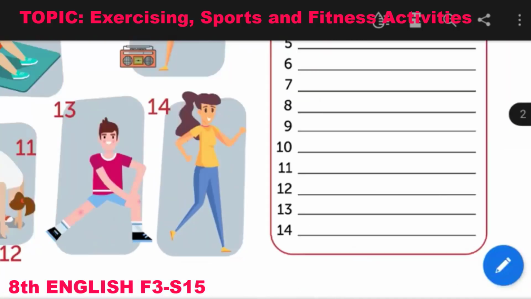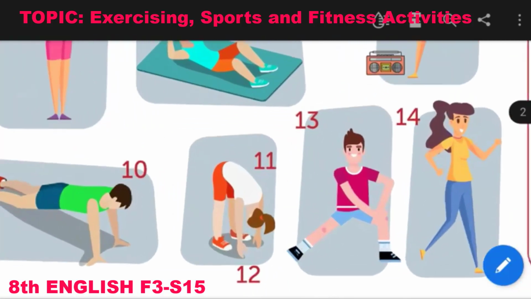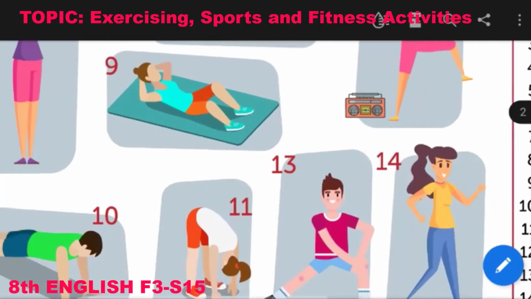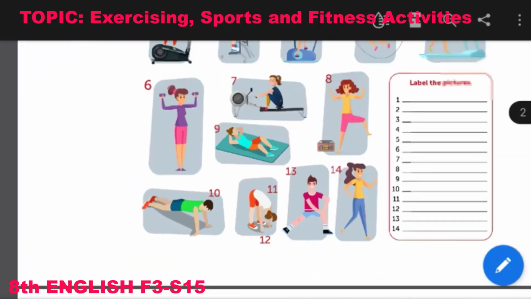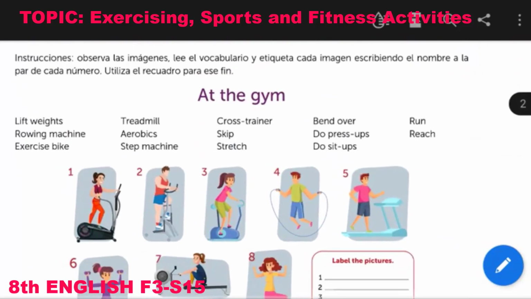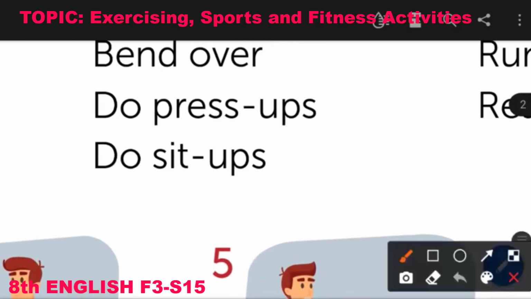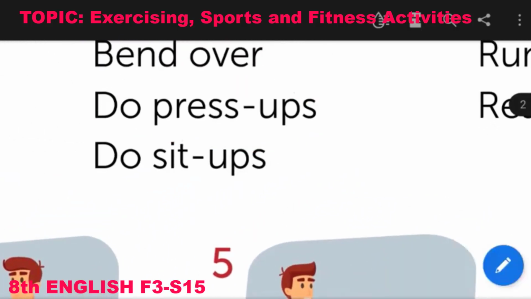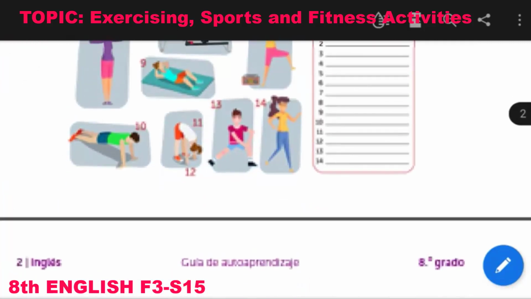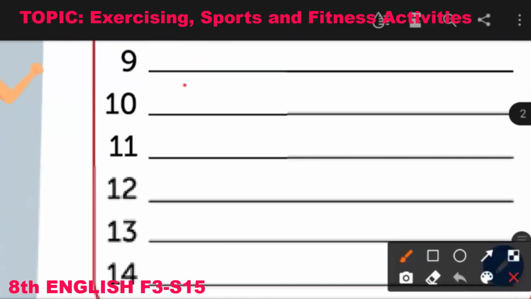For example, this is number 10. Number 10 is push-ups. Let's look for push-ups. Aquí está. Press-ups or push-ups, okay? Do press-ups. Vamos otra vez. Number 10. Escribimos do press-ups.